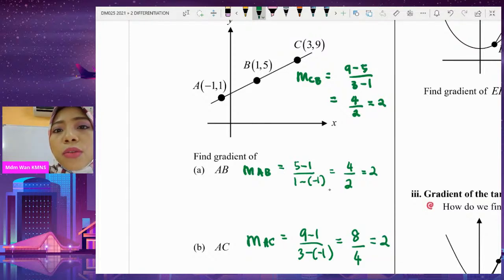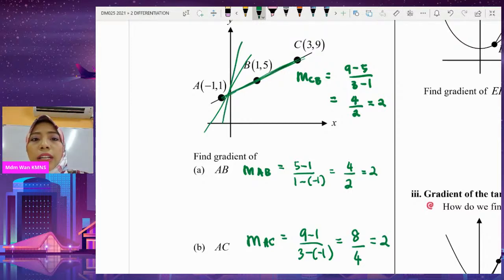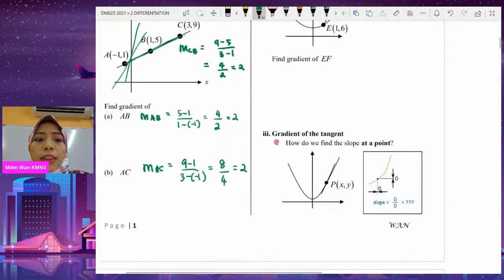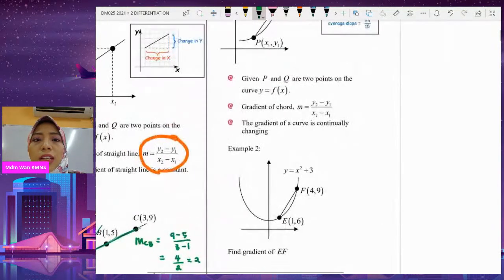So you can see the gradient for this equals the gradient for this, and it equals the gradient of AC, because they are on the same straight line. But if the line gets steeper, the gradient will be different.